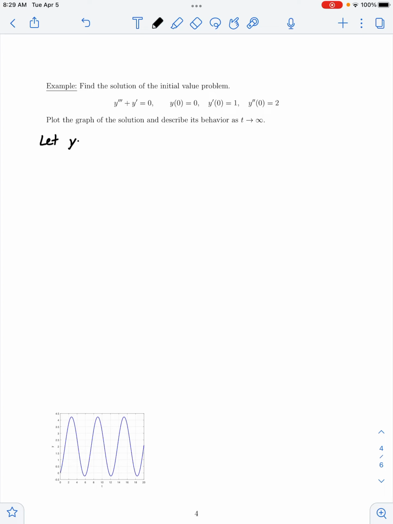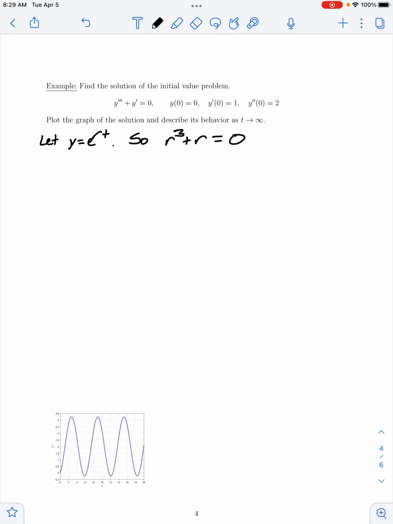So we know to solve this type of equation, we look for solutions of exponential form, y equals e to the rt power, which results in the characteristic equation r cubed plus r is equal to 0.